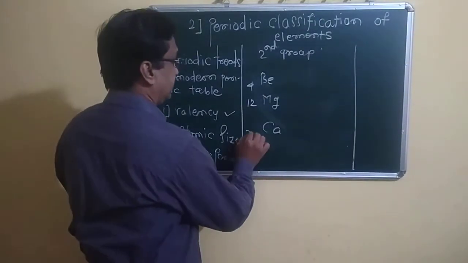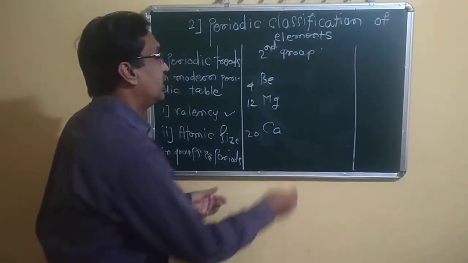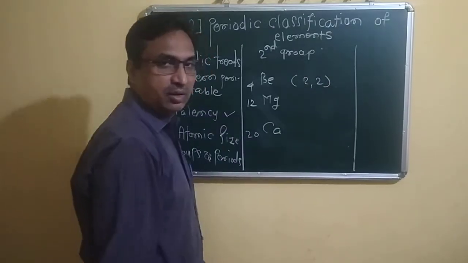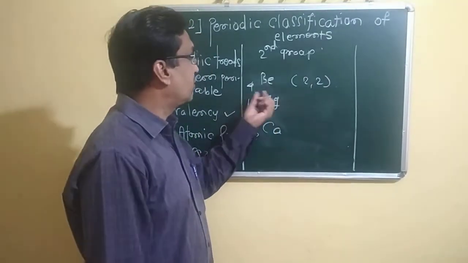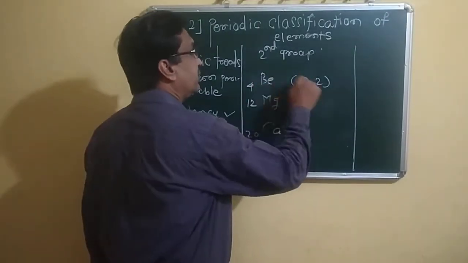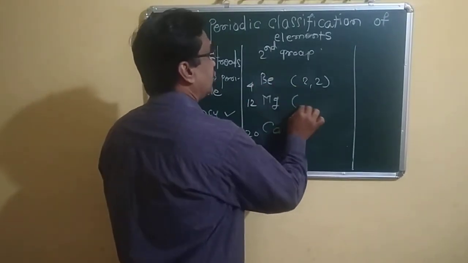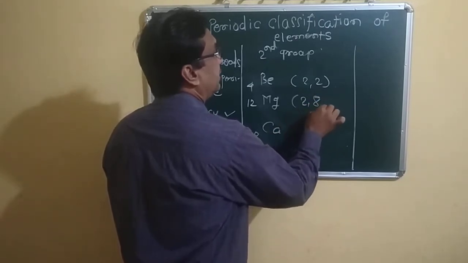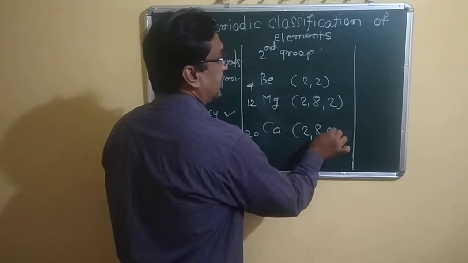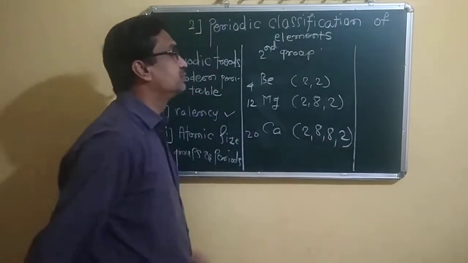The electronic configuration of beryllium is 2, 2: in the first orbit 2 electrons are accommodated, and the remaining 2 are in the next orbit. Magnesium is 2, 8, 2. Calcium is 2, 8, 8, 2.